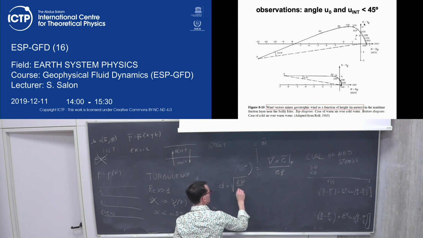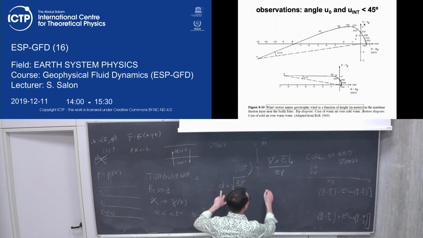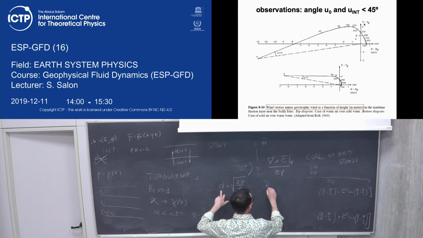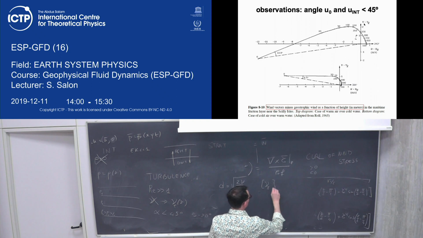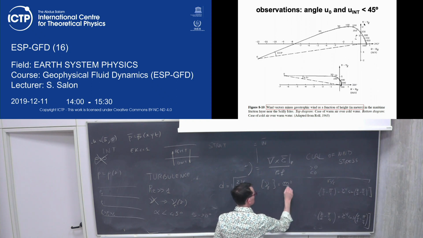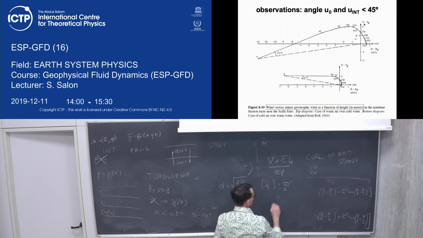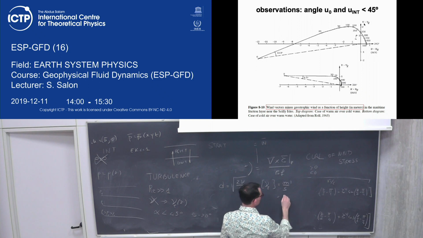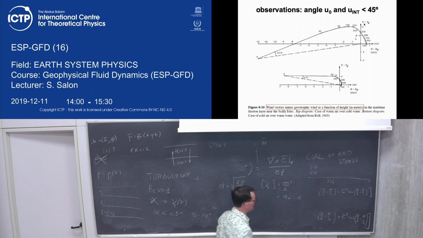which we found equal to the square root of 2 Ni over f. We can rewrite this by considering that the eddy viscosity, which scales like square meters per second, can be represented like a velocity, which is called u star, multiplied by a length.